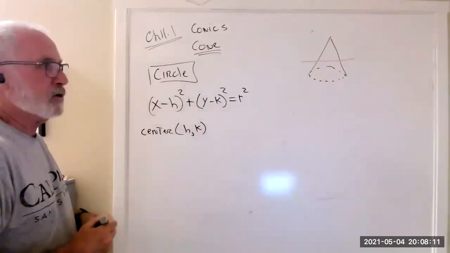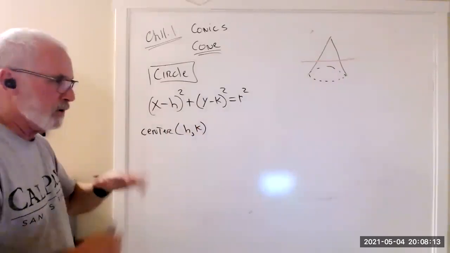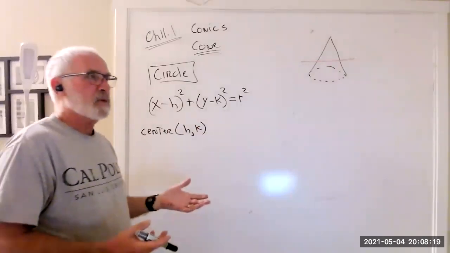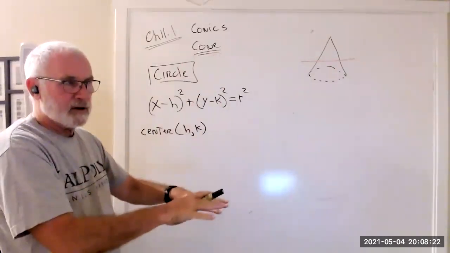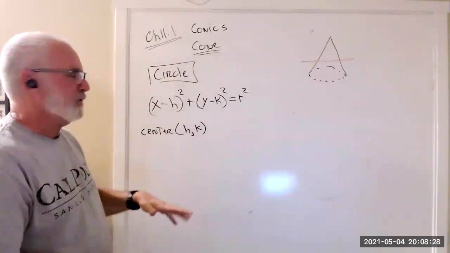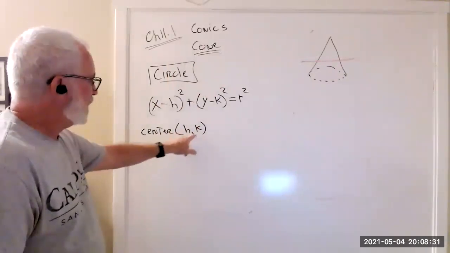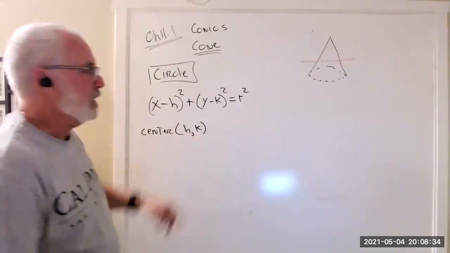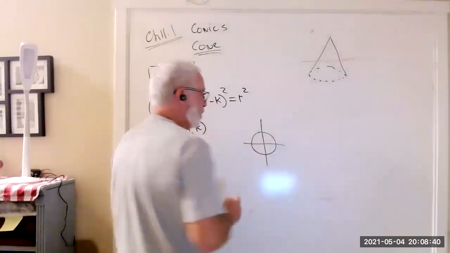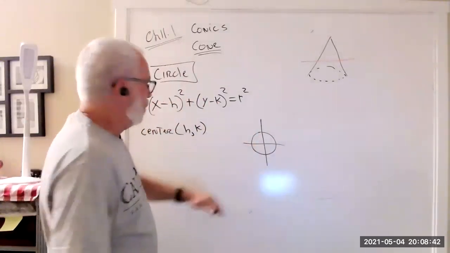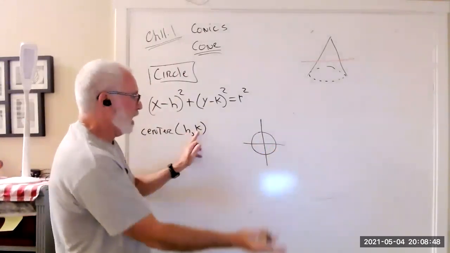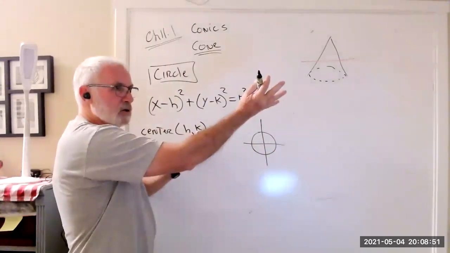And I haven't done a whole lot of graphing theory with you. I've tried to do a little bit. Last chapter, we talked about shifting an exponential curve up or down. Remember how the k value moved it up and moved the asymptote up or moved it down? A little bit of graph theory. Well, the same thing here. If you think of all circles as starting at the origin, like this, what this is going to do is it's going to move it over h units and up k units, okay?